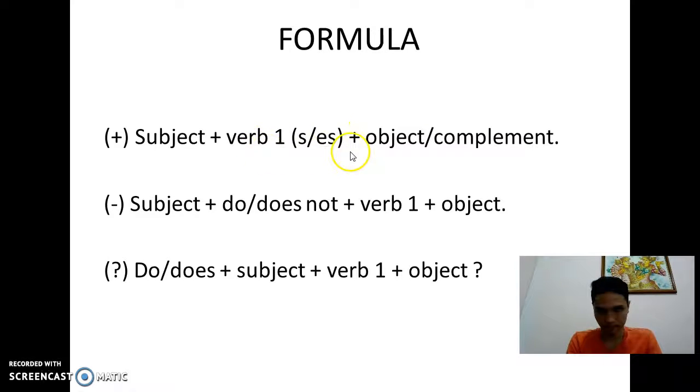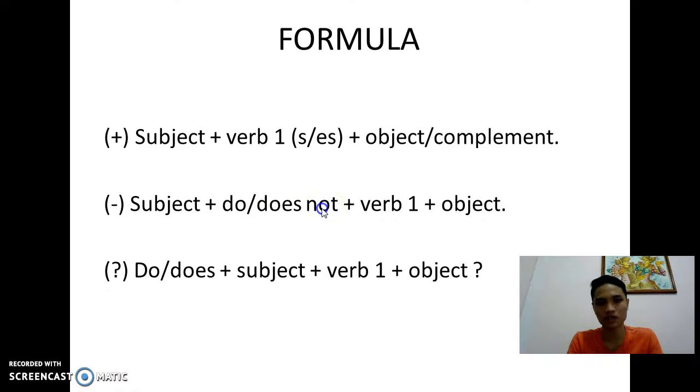And then the negative form, subject first, the same as the positive form: she, it, and Dewi, Ayu, and then followed by do not or does not. It depends on the subject. If the subject is she, it, we have to use does not.